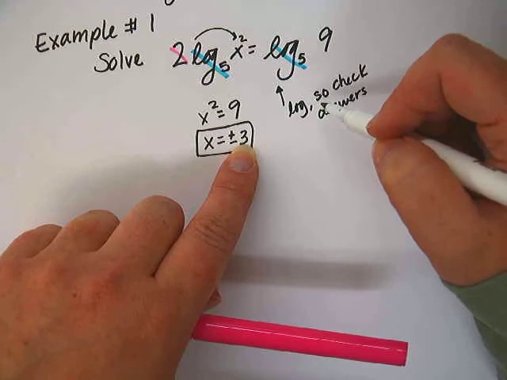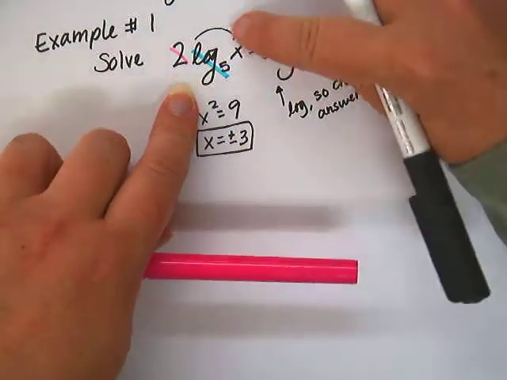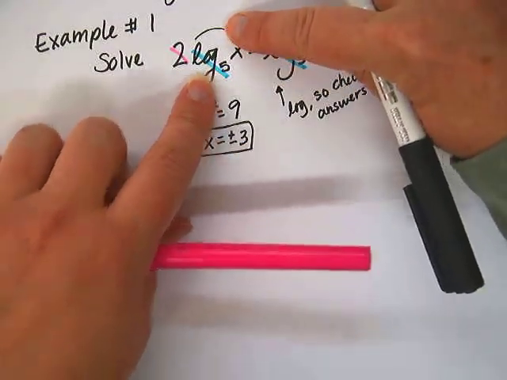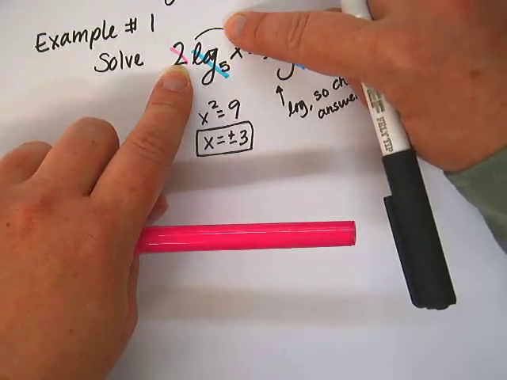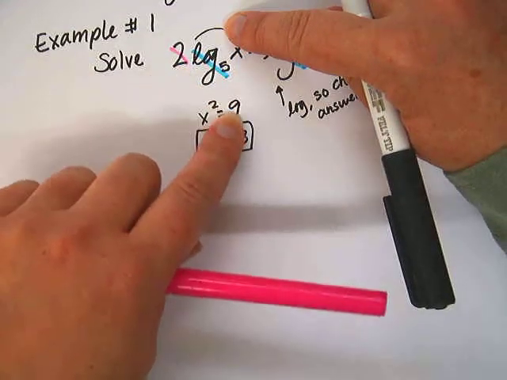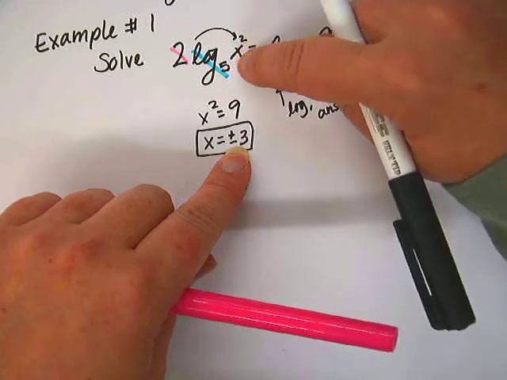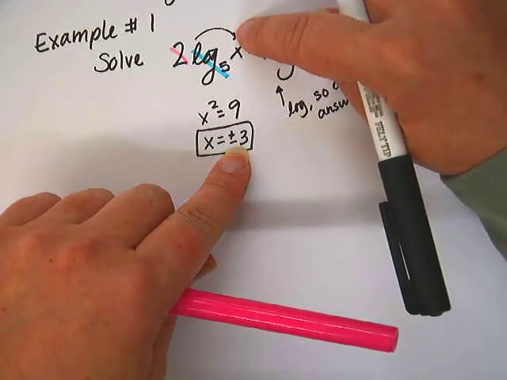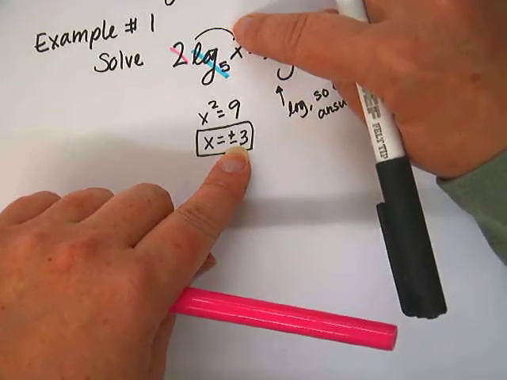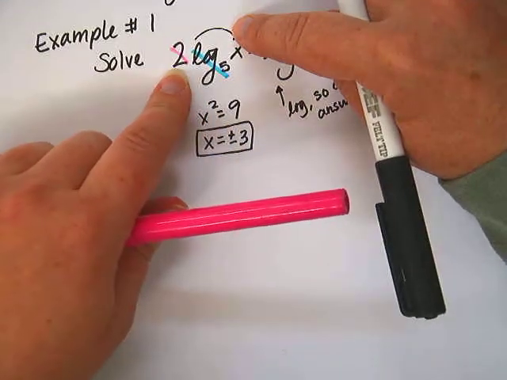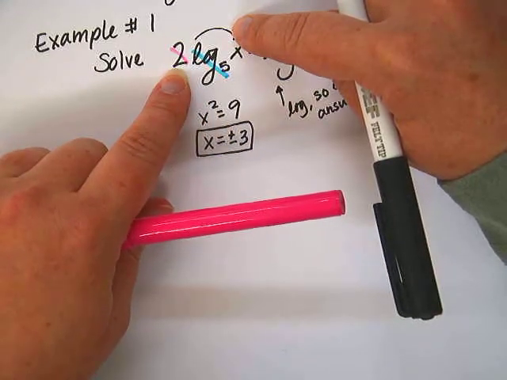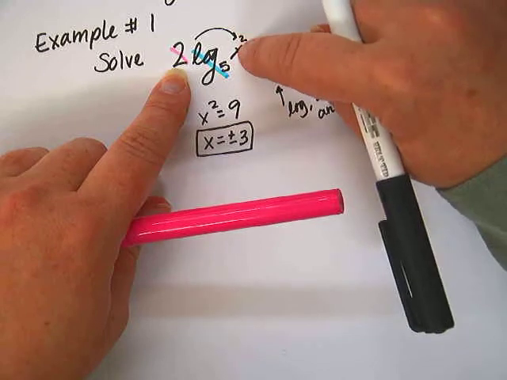Okay, but if we try and plug in the negative into our original problem, see, we're going to look at our original problem here where the 2 was out front before we moved it, because you might get confused if you try and plug in your negative 3 and think, oh, well, it's negative 3 squared, which is a positive 9, so we can do that. But in fact, remember that that 2 was out here to begin with.